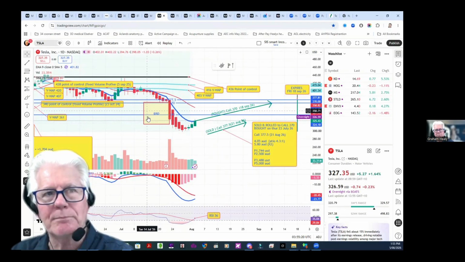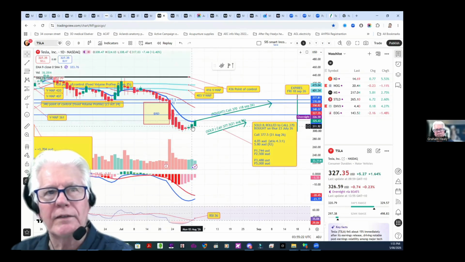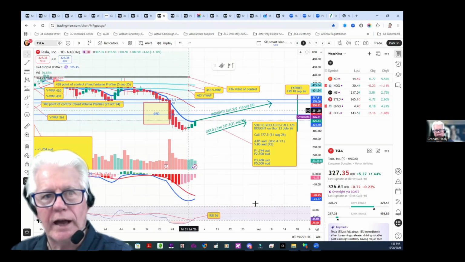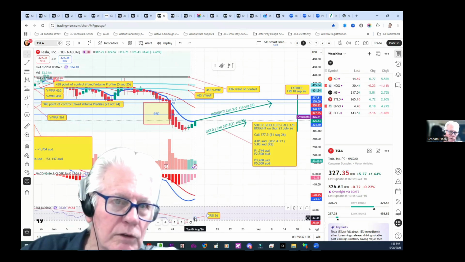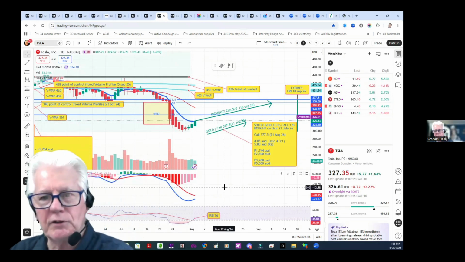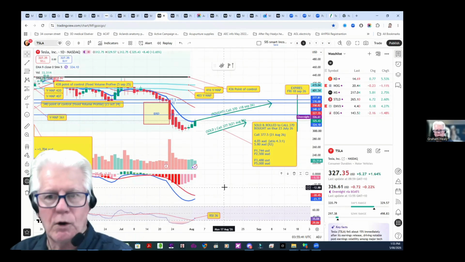This is actually a gap. It's starting to roll out, and then it's starting to work its way up to the point of control and the VWAPs. So when I looked at that, I went, right, RSI 36 it was. RSI 36, plenty of gas in the tank. Yes, I can roll it.